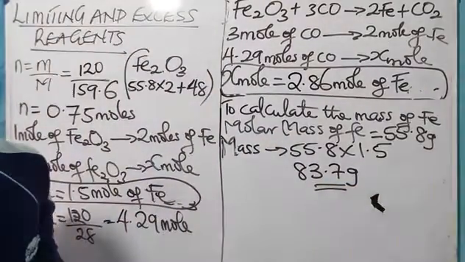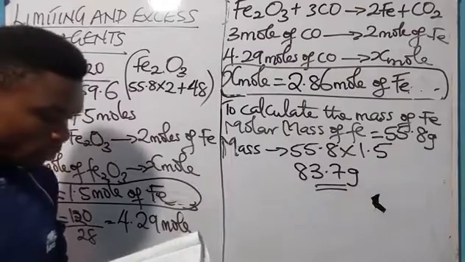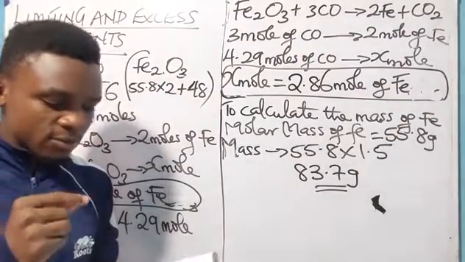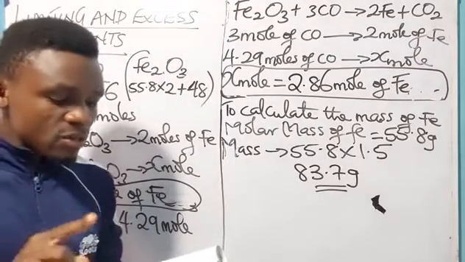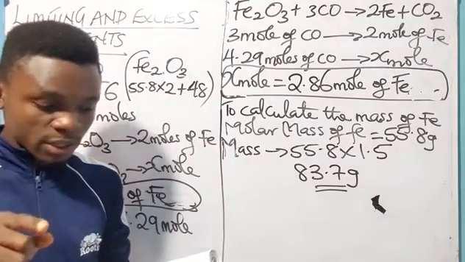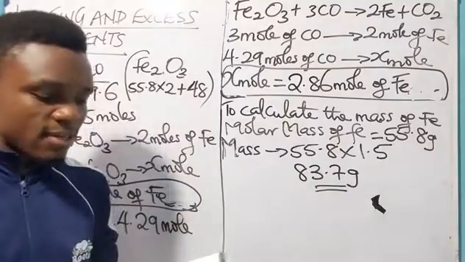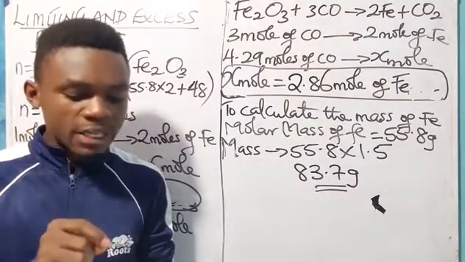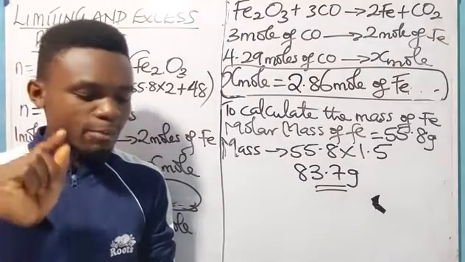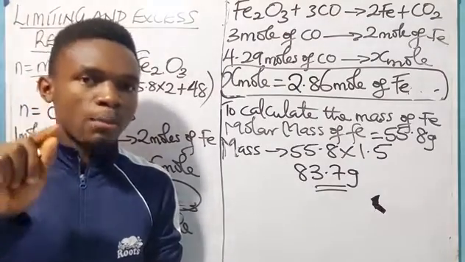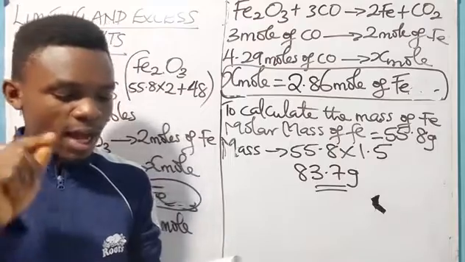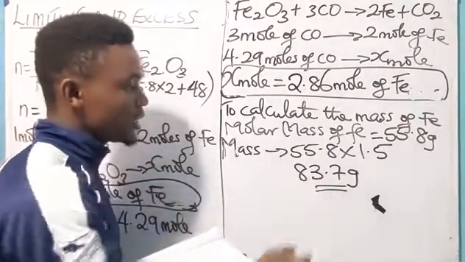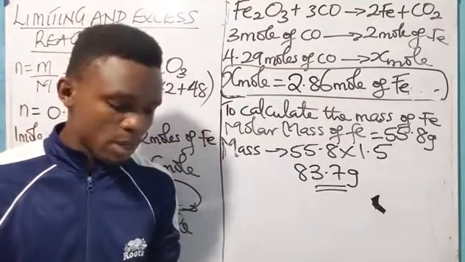Now B says, what is the excess reagent? What is the excess reactant or reagent, as the case may be, and how much of it would be left over after producing the maximum amount of Fe, which we just got as 83.7 gram?